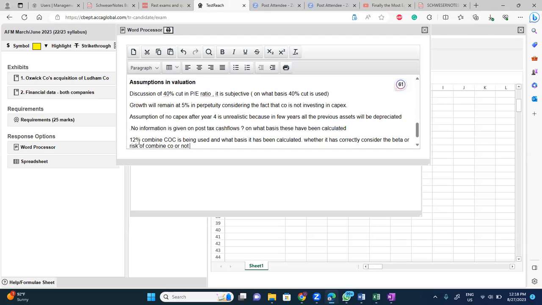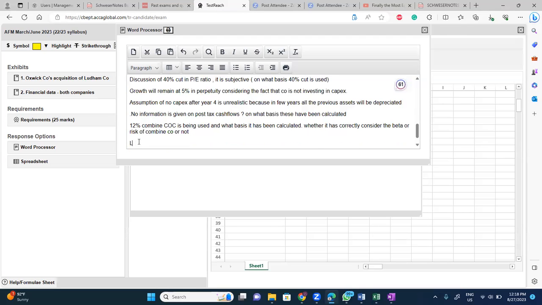Okay. There was one student saying that Ludum is asking for a 15% premium. Is it standard for all acquisitions? No. It is given that Ludum will agree to a 15% premium, but it is not always the case. Obviously, Ludum will look at the acquirer.